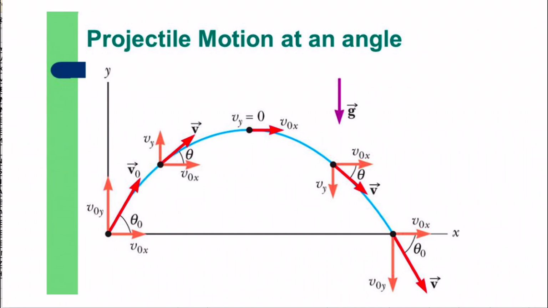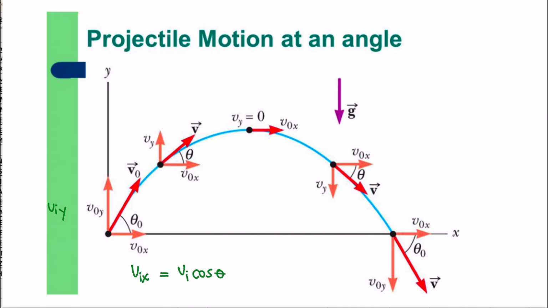In some texts, V0x is also called Vix, whereas V0y is also the same as Viy, or initial vertical velocity. Now, with the angle theta with respect to the horizontal axis or the x-axis, we can say that the initial horizontal velocity Vix is just equal to the initial velocity Vi multiplied by cosine of the angle theta.